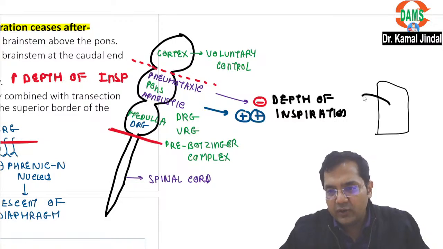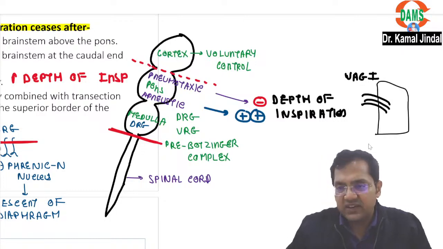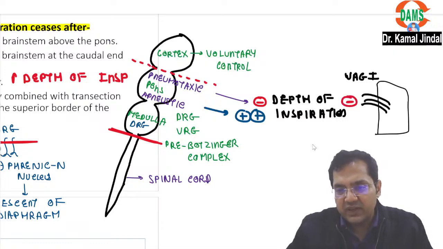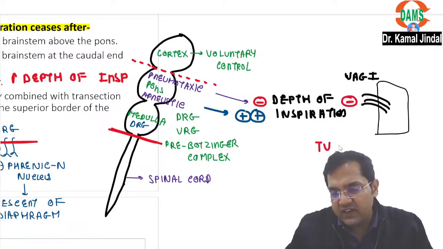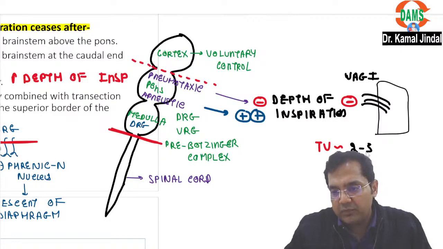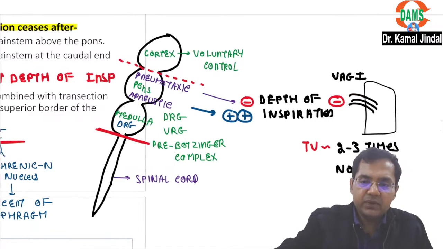from the pulmonary stretch receptors in the lungs. Remember, they inhibit the depth of inspiration only when the tidal volume becomes approximately 2 to 3 times normal. Now naturally, if you cut the vagal fibers, what will happen to the depth of inspiration?